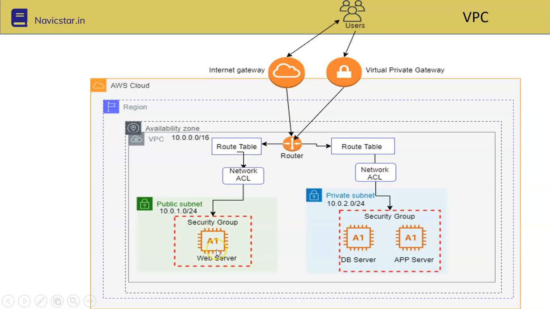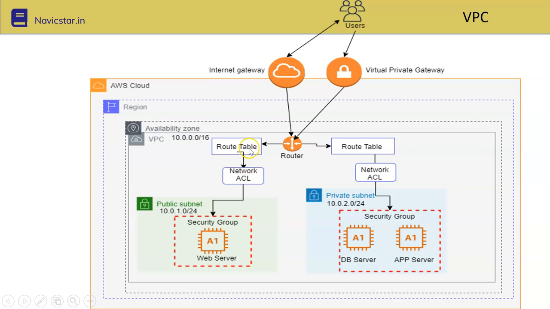So the first layer is your server, and the second layer of firewall is your security group, which is attached to the server. The next layer of security, an additional optional firewall that you can define, is the network ACL, the network access control list.